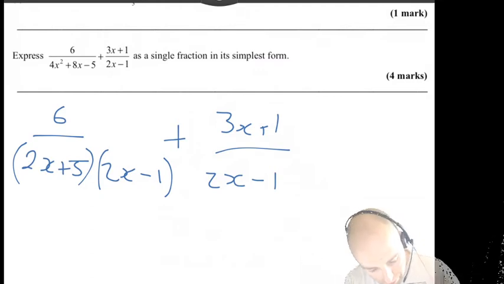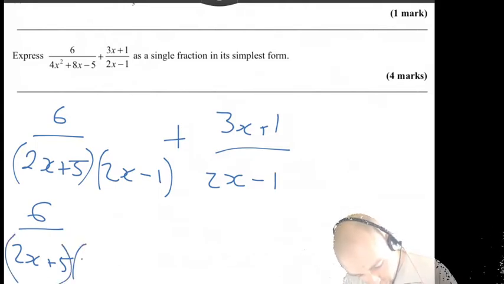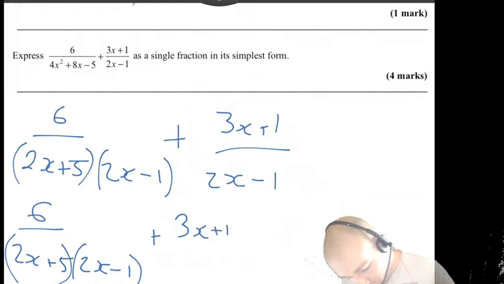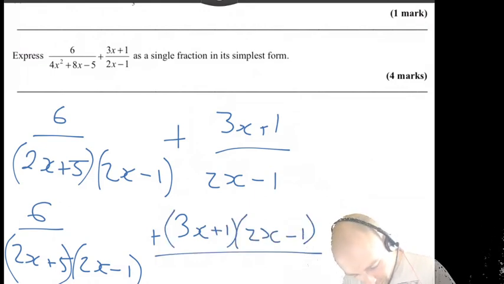Nope, did the wrong thing, wrote it wrong. 2x plus 5 there.